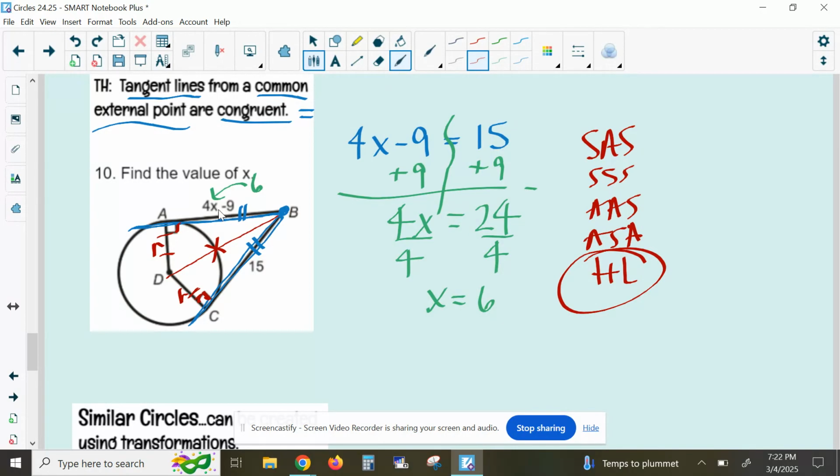And then I would be able to prove these two blue ones are congruent by corresponding parts of congruent triangles are congruent. So I didn't even actually need that theorem. I could have done it using congruent triangles. Remember, make sure these two examples do get cut off of your paper and glued into your notebook. And then the rest of the problems are your practice problems.